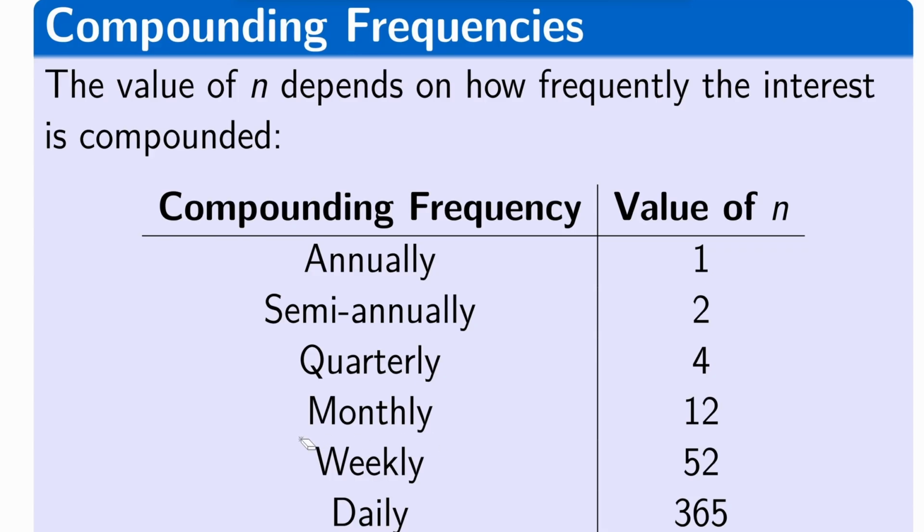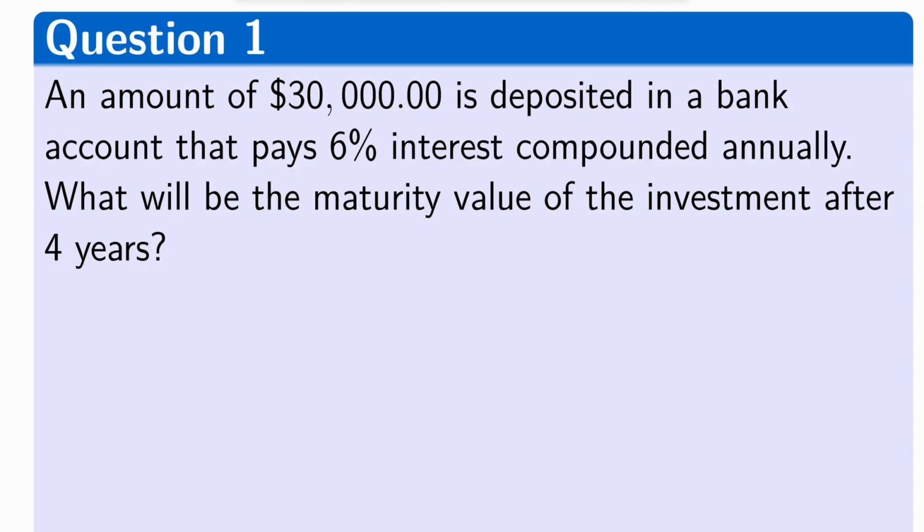Monthly, we have 12 months in a year, so n is going to be 12. If compounded weekly, n is 52 because we have 52 weeks in a year. And if compounded daily, n is going to be 365 because we have 365 days in a year. Now let's start solving some questions.